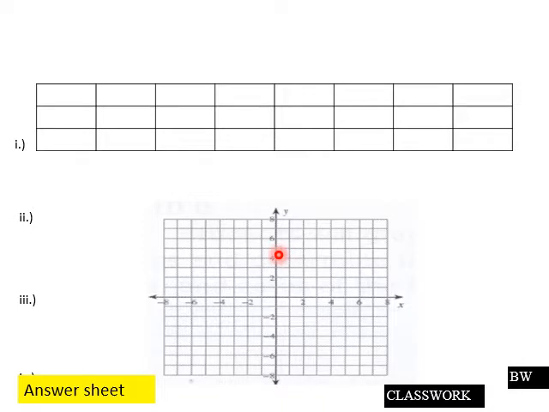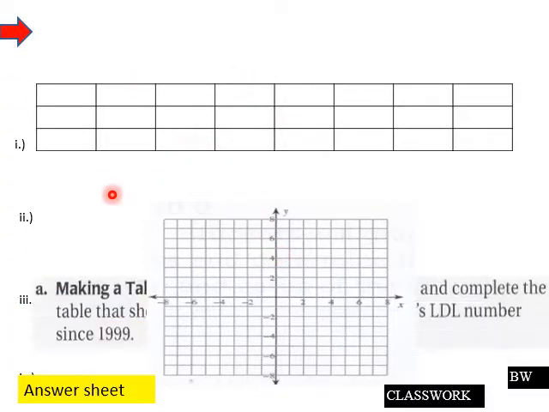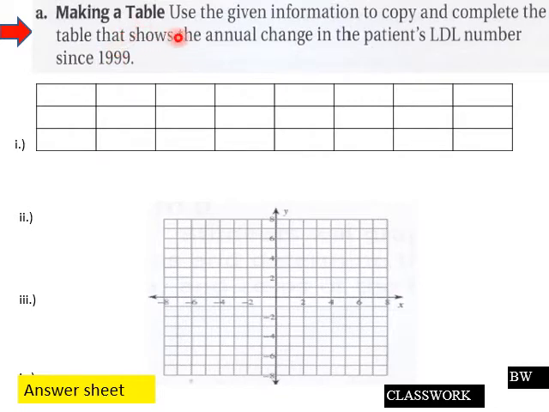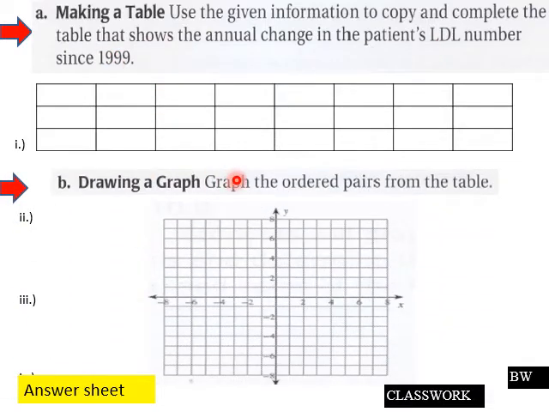Here's your graph grid. Here's your table. Making a table: use the given information, copy and complete the table. It shows the annual change of patients' LDL numbers since 1999. And then drawing a graph: graph the ordered pairs from this table onto this grid.